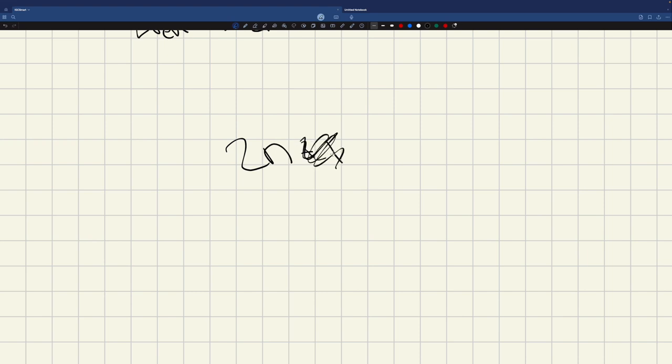Let's just write down 2n for now, and let's prove that 2n is an even number no matter what. The definition of an even number is simply that it is divisible by 2. By saying 2n, we are ensuring that it will be divisible by 2, therefore making it an even number.